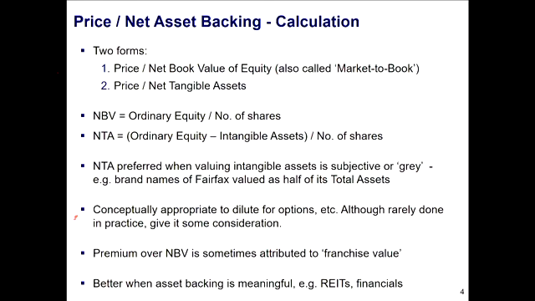The latest price to book value of equity is 3.5 times. So how can we understand that number? That means for every dollar of equity paid-up capital as the initial investment into the company, it has grown into $3.5.